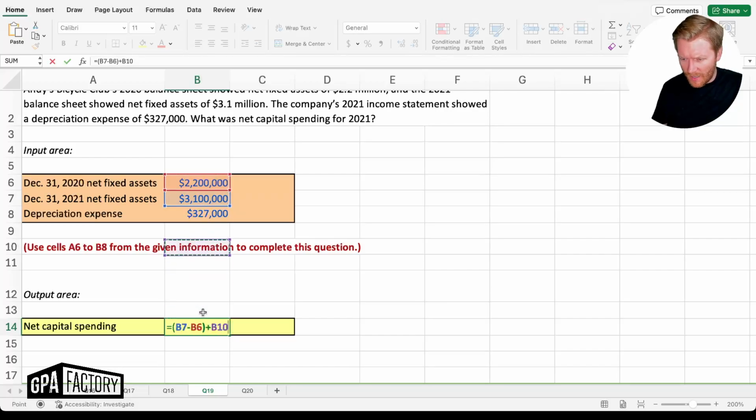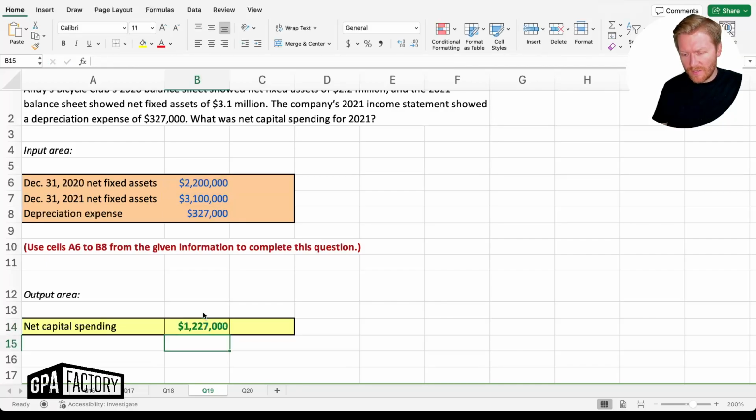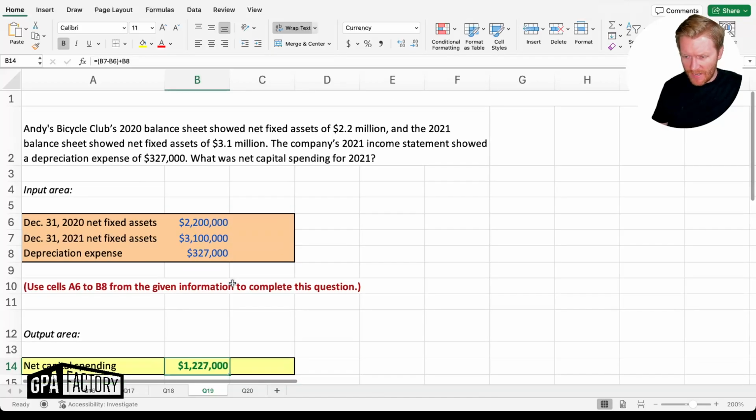And then we add depreciation expense. And that is our net capital spending. So again, change in net fixed assets plus depreciation expense. Okay, that one's not too bad.